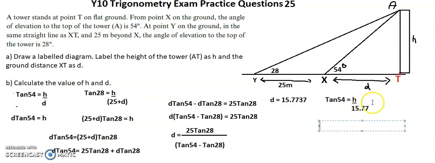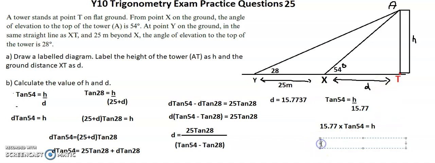Again, to get H by itself, I times both sides by 15.77. It cancels out on the right-hand side, leaving just H. The final thing is I solve it, and it tells me that my H is worth 21.71 meters.